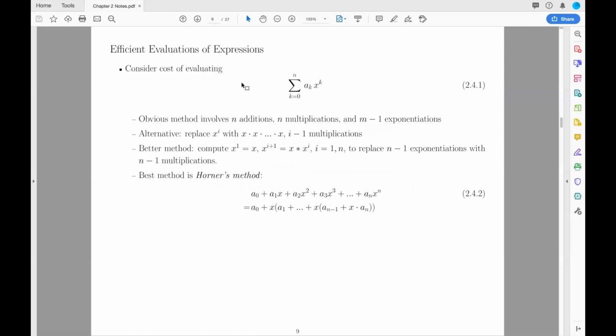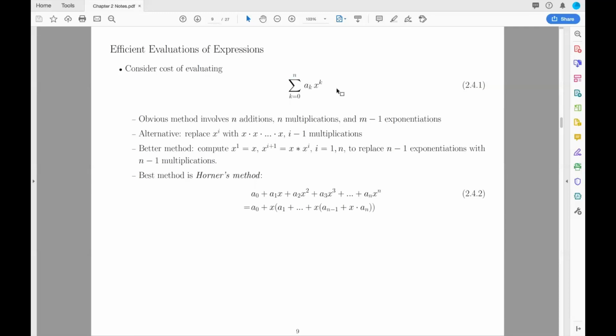Now, here's another example. I'm leaving the round-off error issue for a while, and now talking about the efficient way to evaluate expressions. Consider a simple polynomial with n terms. How would you compute it?